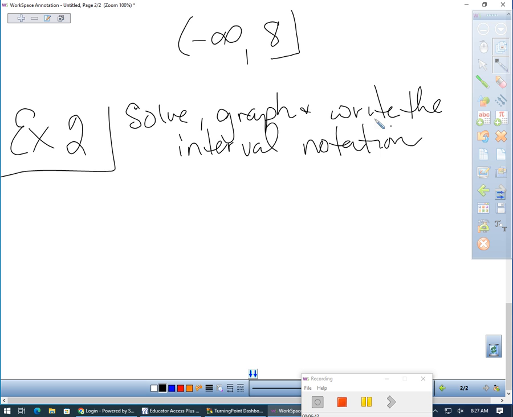So on the front side of your worksheet, that is technically the 3.2. That's where you're adding and subtracting, and that's it. And of course, writing it, graphing it, interval notation.